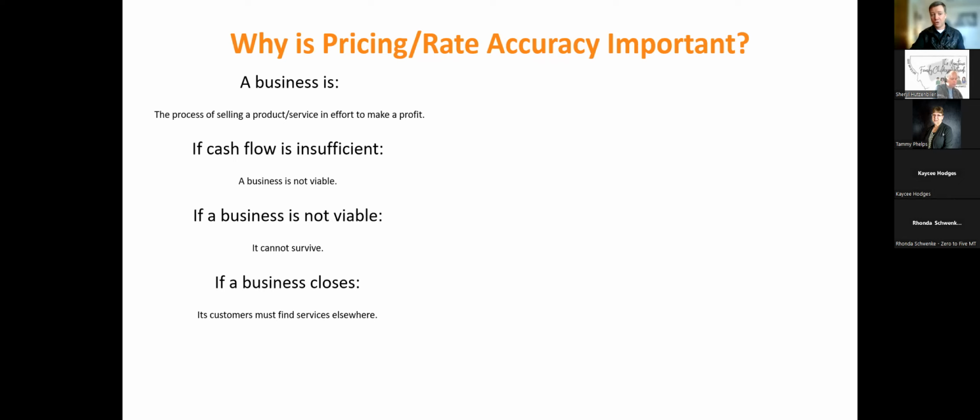If a business closes, your customers will have to find services elsewhere. And in childcare in particular, childcare, like housing, is an infrastructure to the overall economy and the overall workforce. So if a childcare business closes, the entire workforce and the entire economy is negatively impacted.